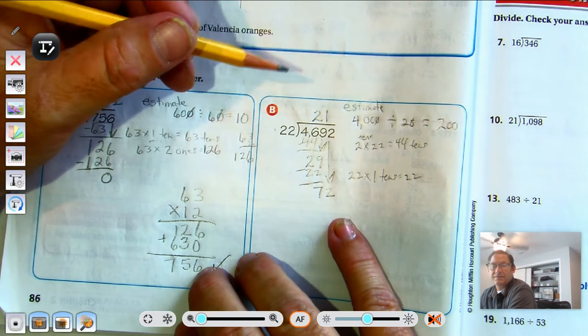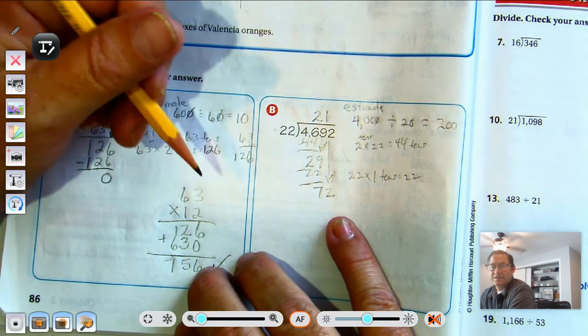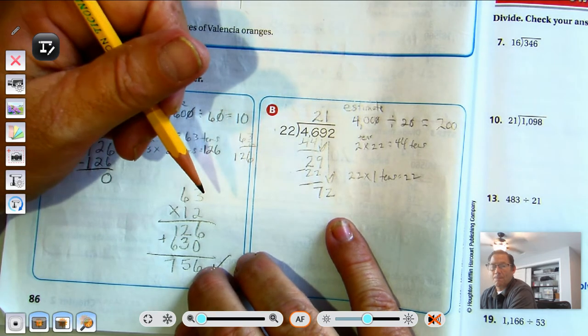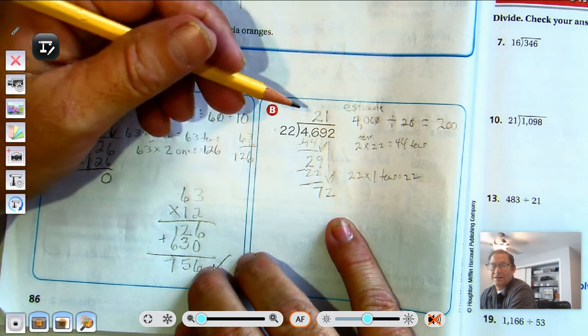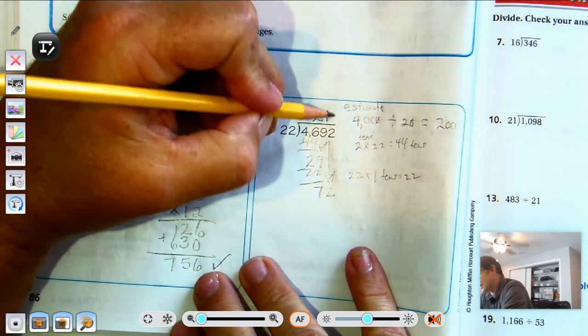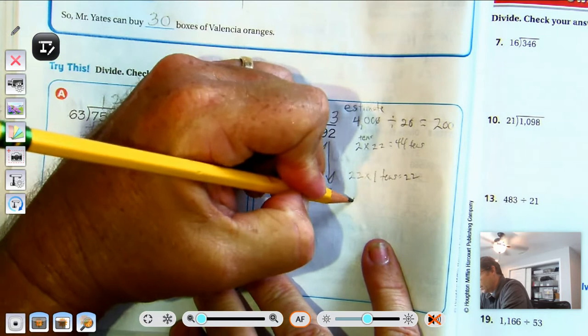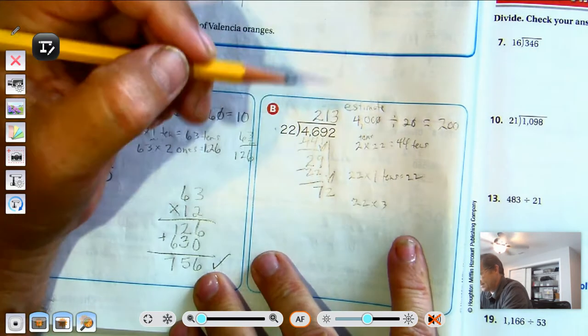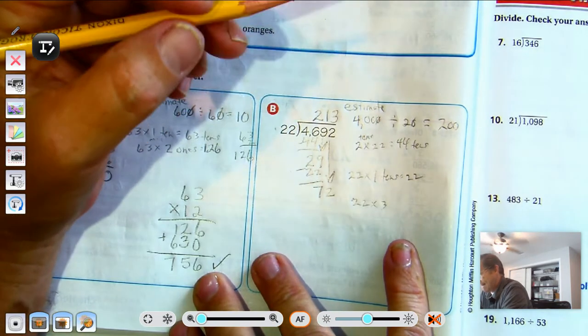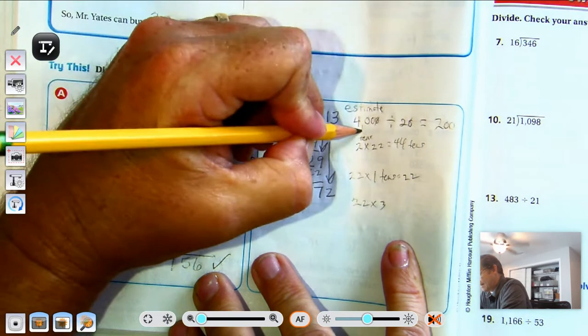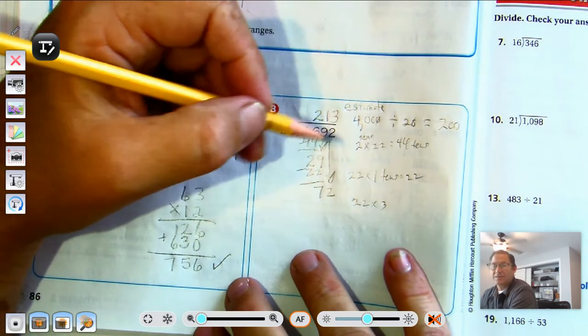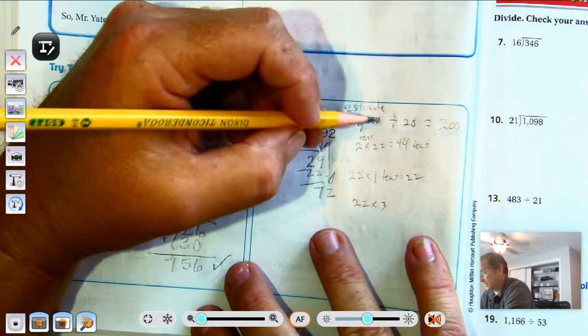How many sets of 22 can I take from 72? Well, I can't take 4 sets. That would be 88. So 3 sets. So 22 times 3. I want to go back and correct something. I've noticed that I wrote the wrong place value here.